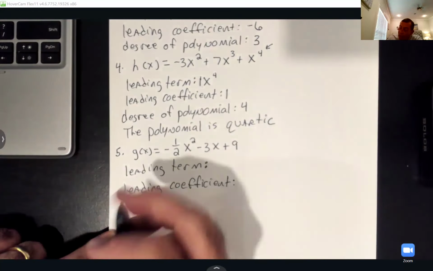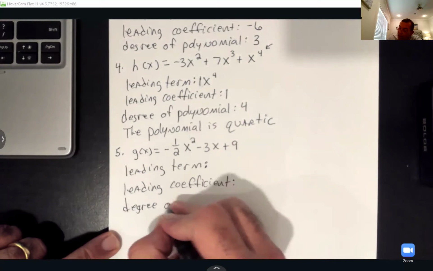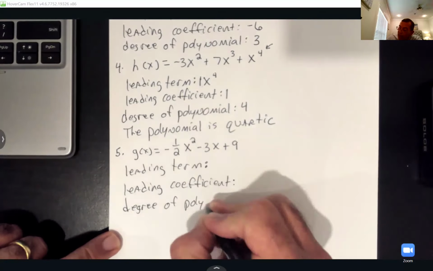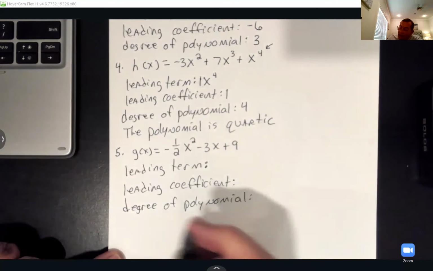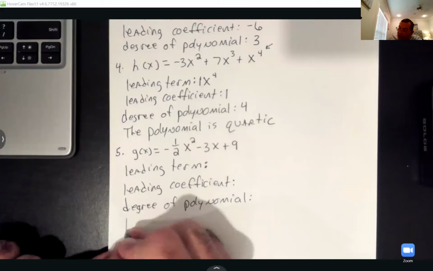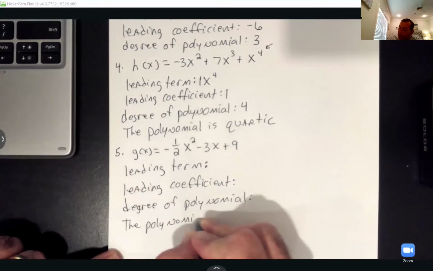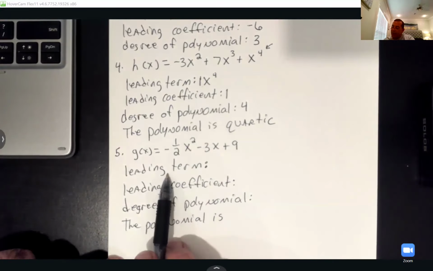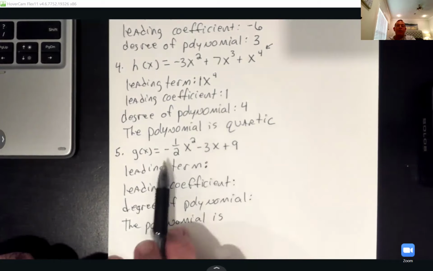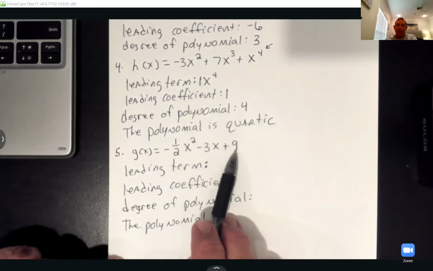Then they want the degree. And then the polynomial is a blank. So let's see. What y'all think's my leading term? I got 3 terms here. -1/2 x squared, -3x, and a +9.